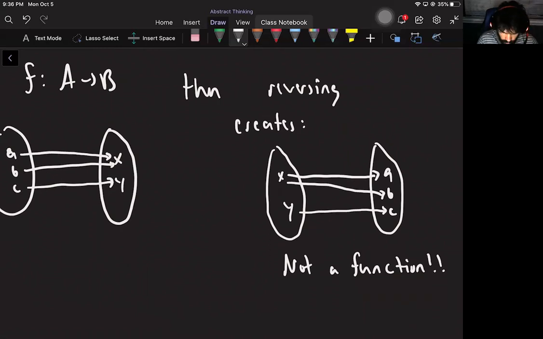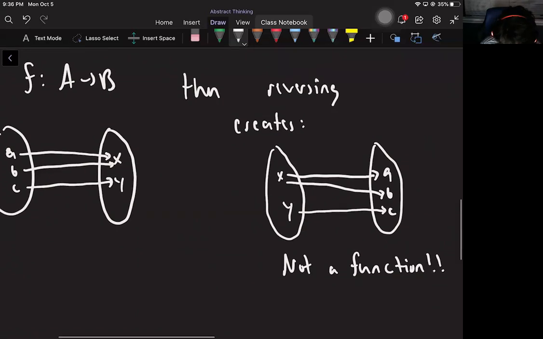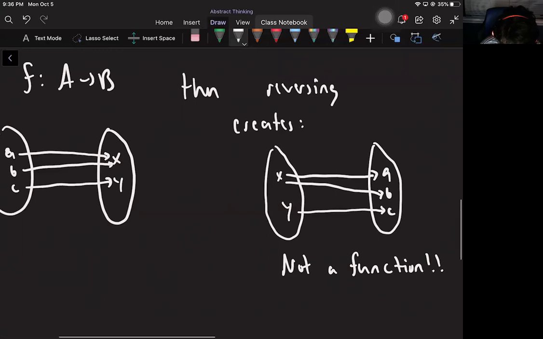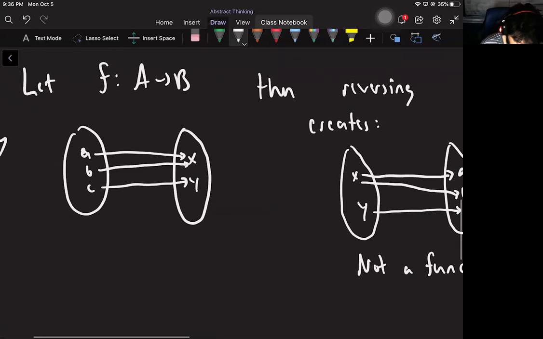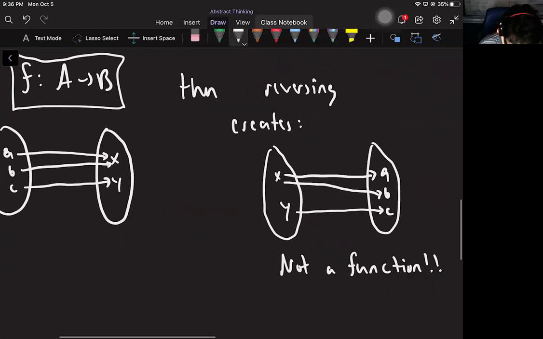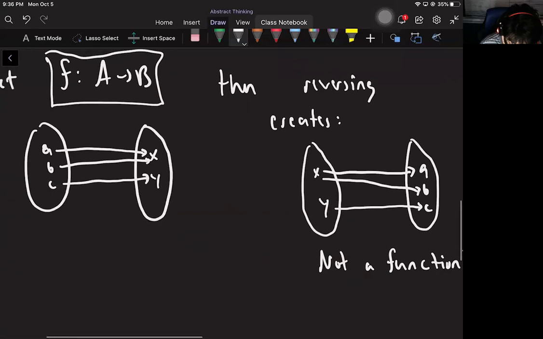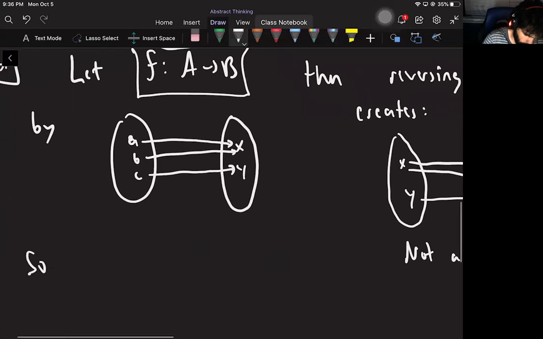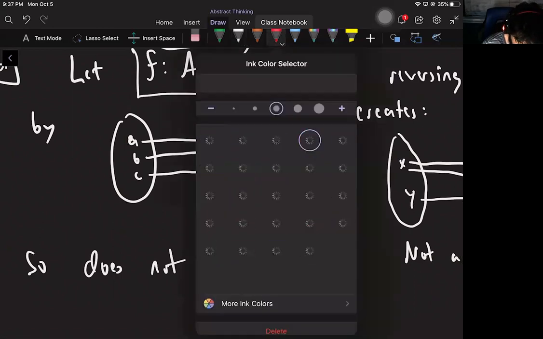That's not what we want. We want a function that goes backwards. So what this is saying is that this does not have a reversible function that goes backwards. So here it does not exist. And we can see the issue is with this element X.